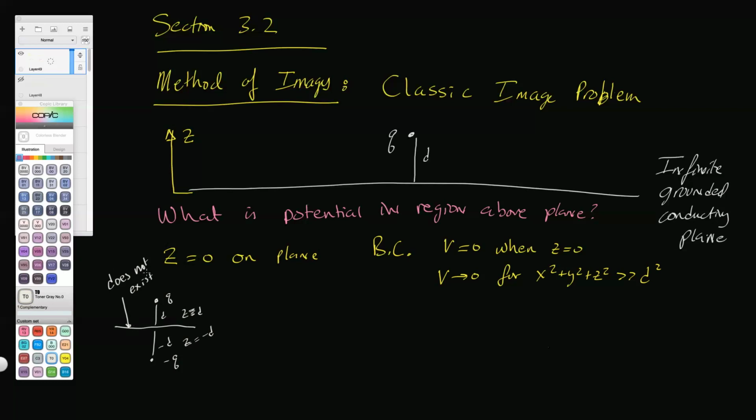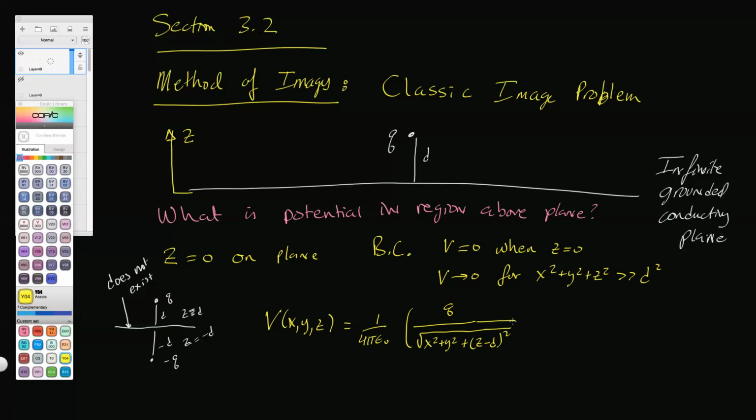Okay. So we can write down the answer: V of x, y, and z, so we know it's going to be a function of all those, is k, so 1 over 4 pi epsilon naught. And then for the first charge, it's q over the distance away from q, which is going to be the square root of x squared plus y squared plus z minus d squared, right?